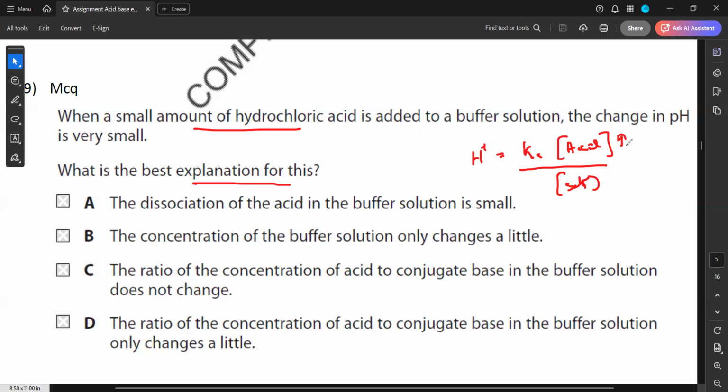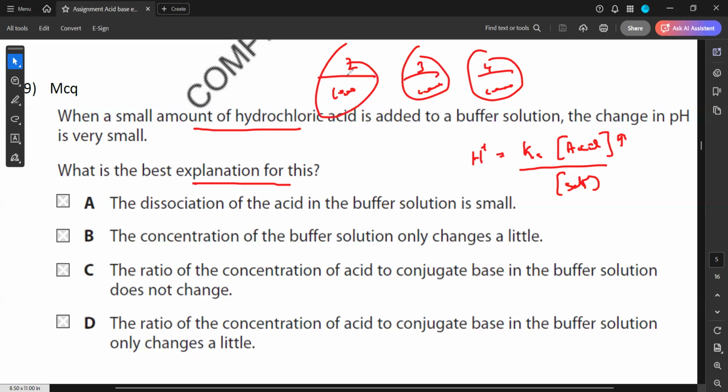The amount of acid is increasing, but the amount of the salt, the negative ion, is already more. So if I say 2 divided by 1000, or 3 divided by 1000, or 4 divided by 1000, the fraction won't change much. Even though the numerator is increasing, the increase in the numerator is negligible as compared to the denominator.